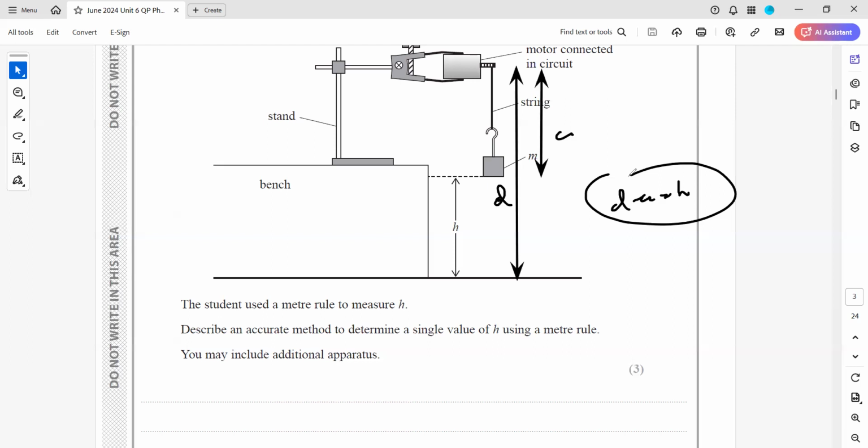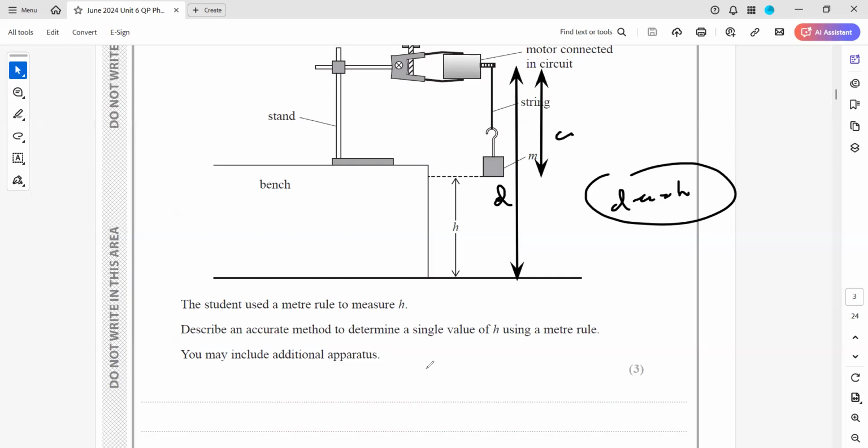It will be a more accurate method because when we measure the length twice and then subtract, we can reduce the error, because measuring a longer length will have a lower percentage uncertainty as compared to measuring a shorter length.